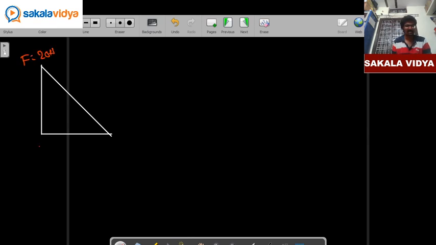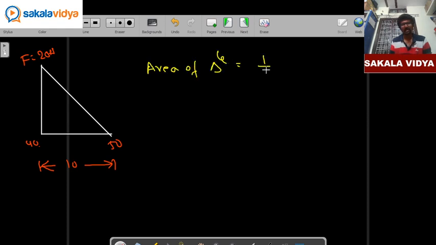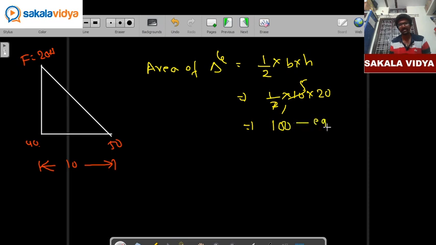This is 40 and this is 50, so this value is 10. The area of the triangular section is half into base into height. Half into base 10 gives 5, and height is 20. So 5 into 20 is 100. Equation 2.